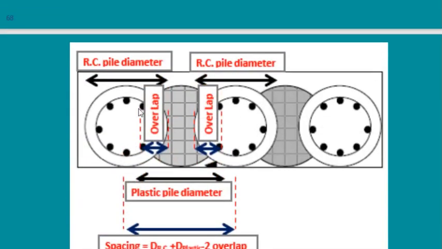Now this is very good, but it has a limit. It is just a pile. If I need to construct something using this that reaches 30 meters below ground, maybe this is not enough.